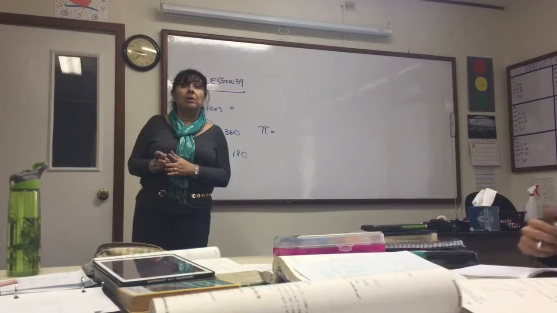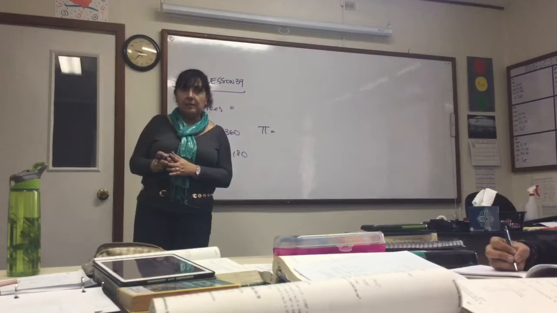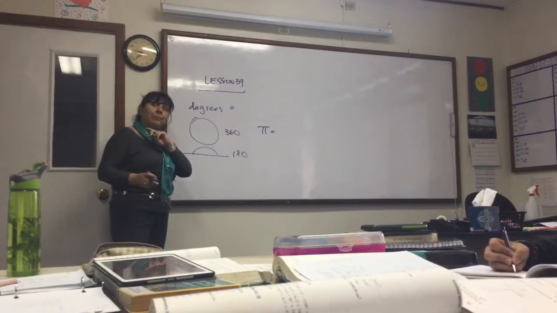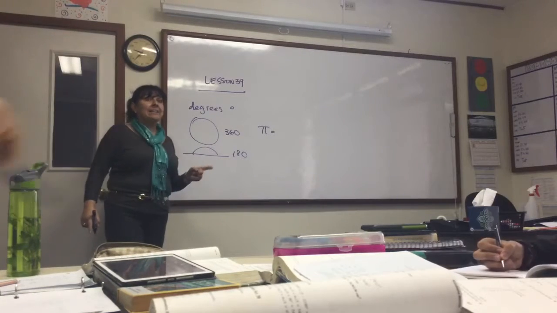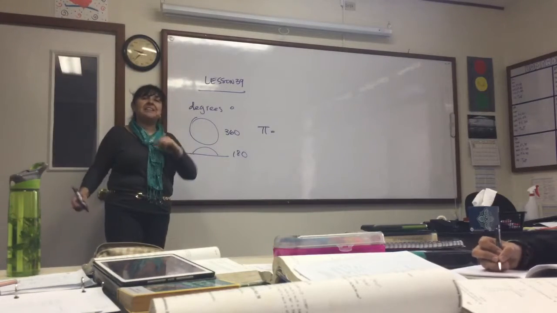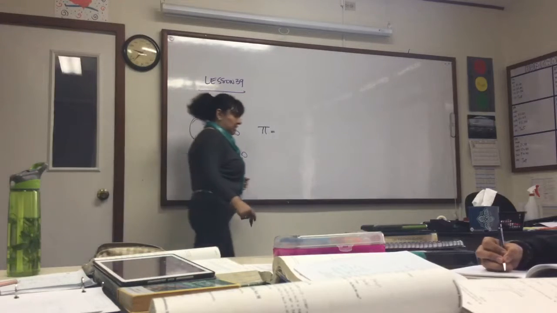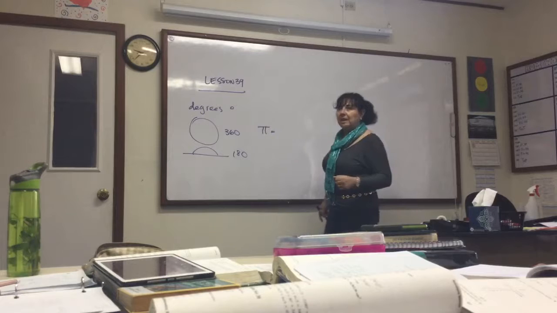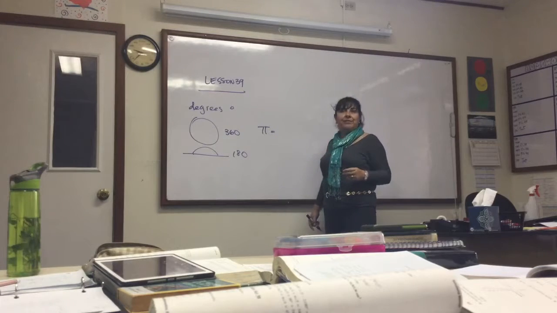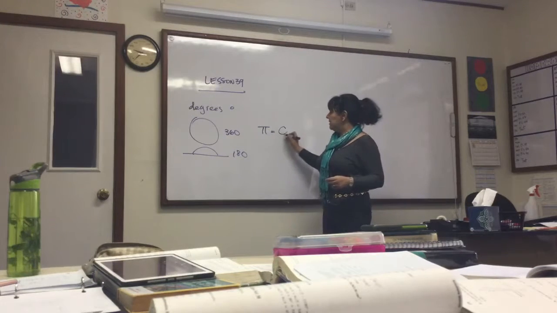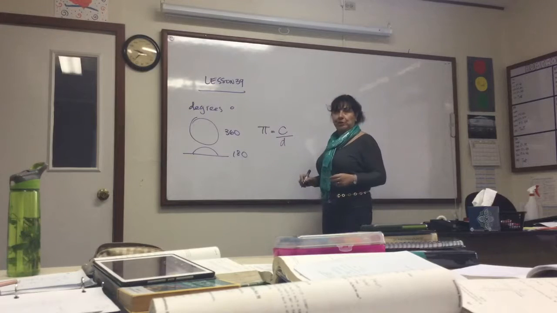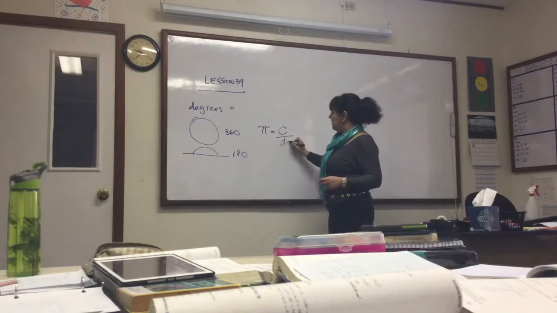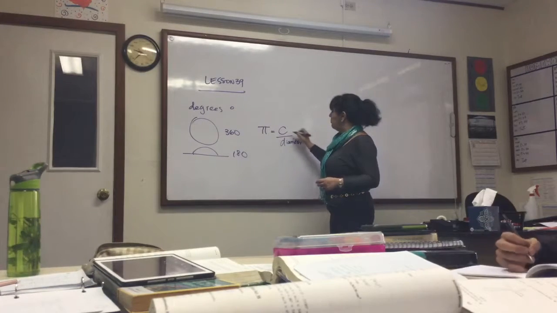But that's not why it's not an exact number. Pi is the ratio of something to something else. The question is what? What's pi? It's the ratio of the circumference to the diameter of a circle.